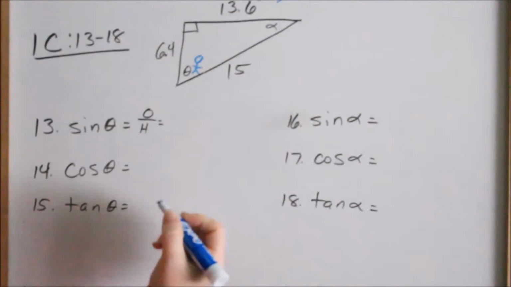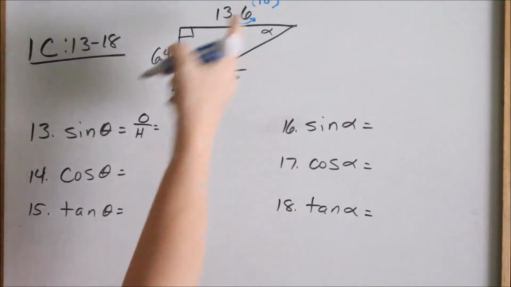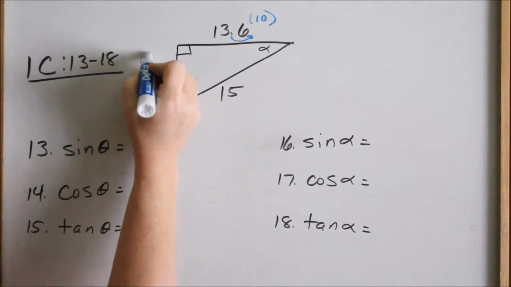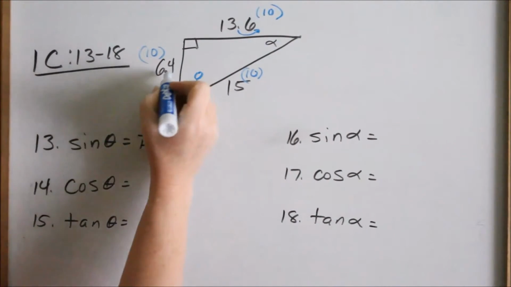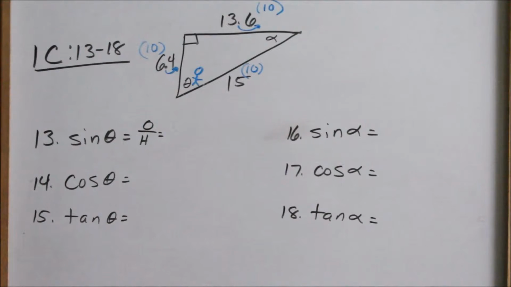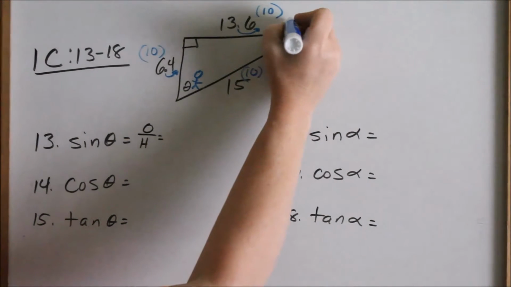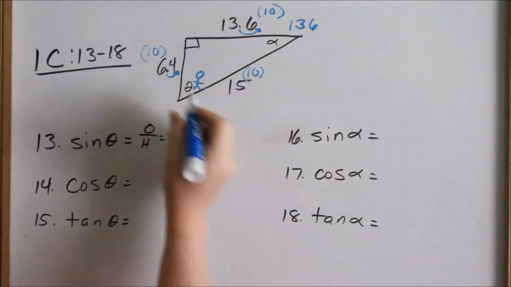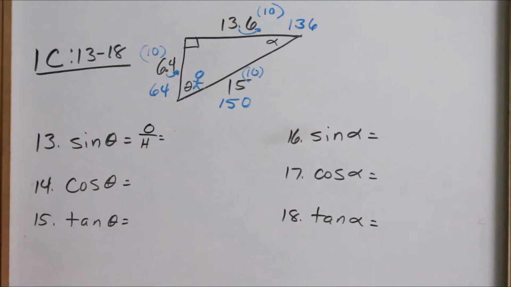So if you multiply by 10, your decimal place will move over 1 to the right. But if you're going to multiply by 10, you have to multiply everything by 10. So this one will also move your decimal place over to the right. Our new numbers will end up being 136 for that side, 64 for this side, and 150 for that side.